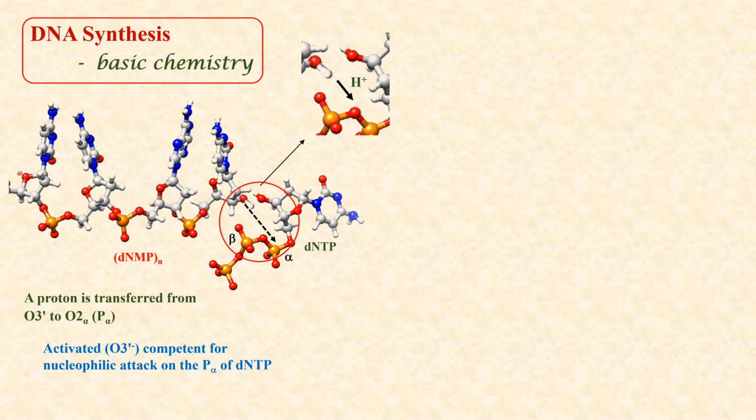As a consequence, the bond between alpha and beta phosphates is broken, and a pyrophosphate is ejected. This pyrophosphate is subsequently hydrolyzed by an enzyme pyrophosphatase into two inorganic phosphates.